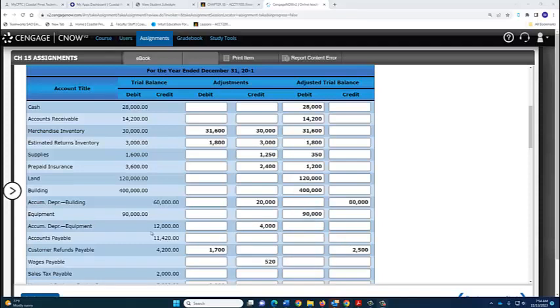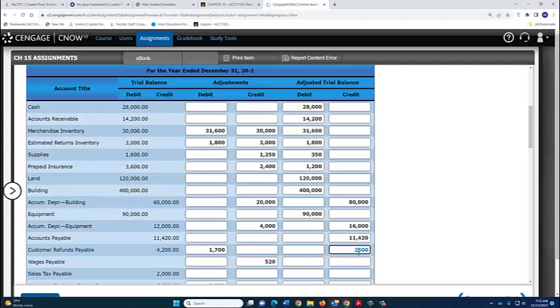And the accumulated depreciation for the equipment increased by 4,000. A 12,000 credit and a 4,000 credit will give us 16,000 on the credit side. Accounts payable did not change. It is 11,420 still.